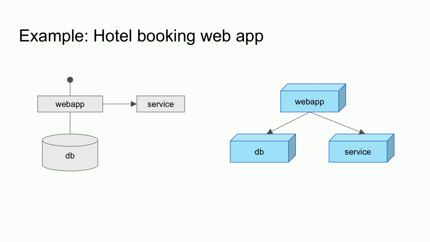This service will return reviews about these hotels. And we persist our state in some sort of database. And let's say we have containerized all the components of our architecture. So we have containers with the web app, with the DB, and with the service that we depend on.